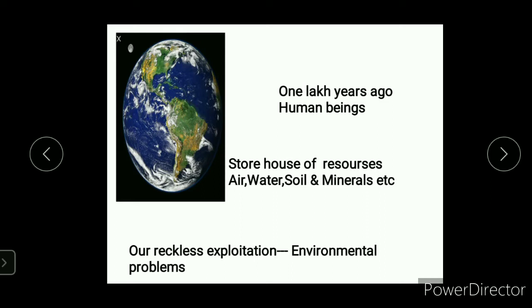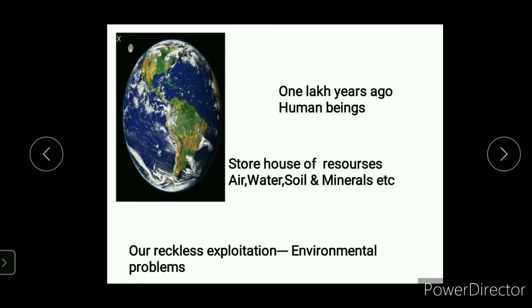What is Earth? It is a storehouse of resources. This is the new definition we give, as the uses of Earth are many. So looking at this Earth, how it originated, how the life of human beings started, and what happened to the Earth, we'll see here.